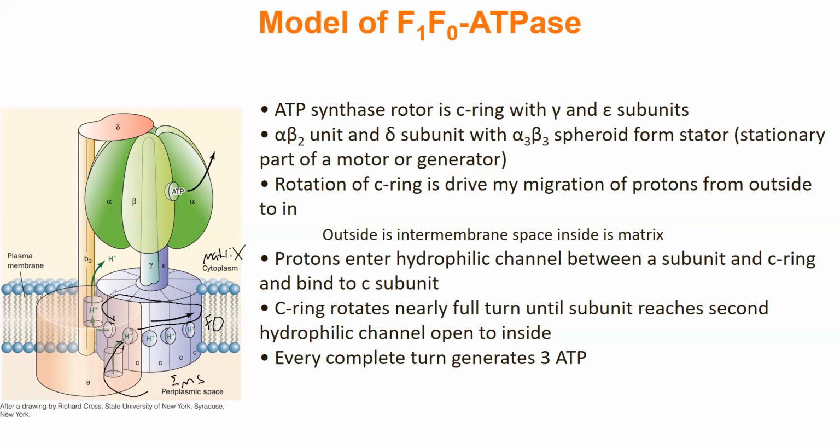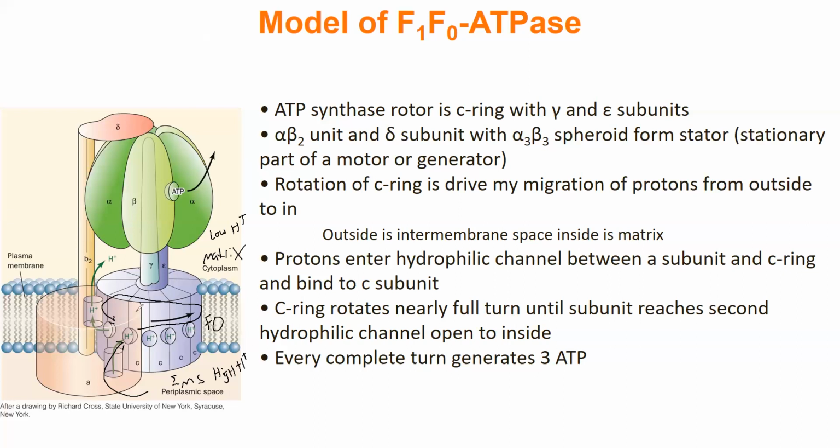into the matrix. And again, this is high proton concentration. This is low proton concentration. So the protons do want to go over to the matrix, but they have to go on this merry-go-round first to get there. And so it's actually super clever. That is what is propelling this change.